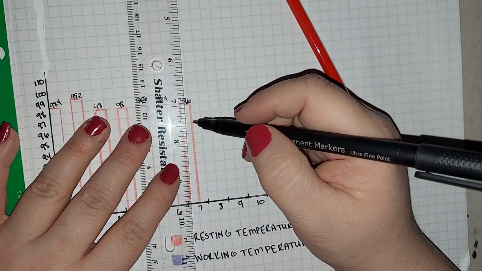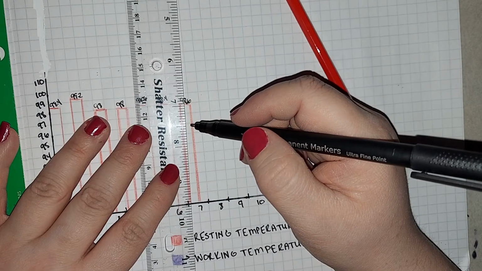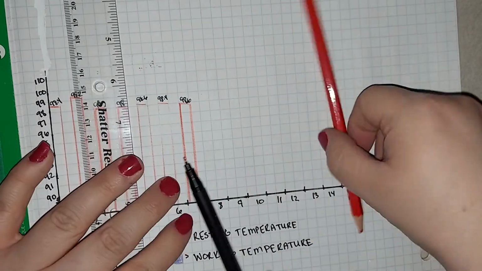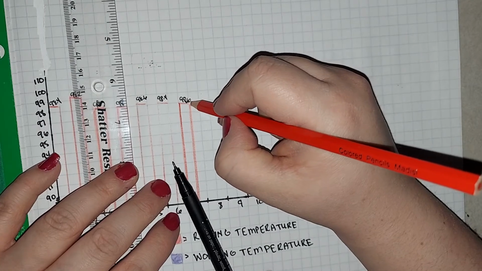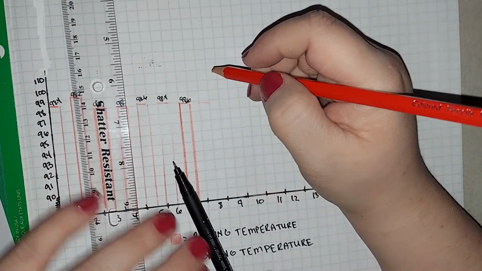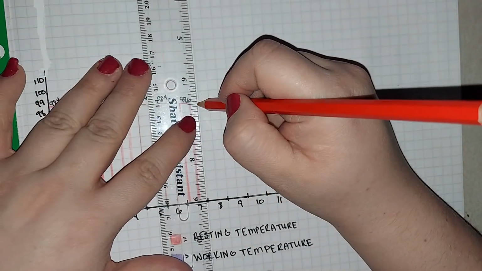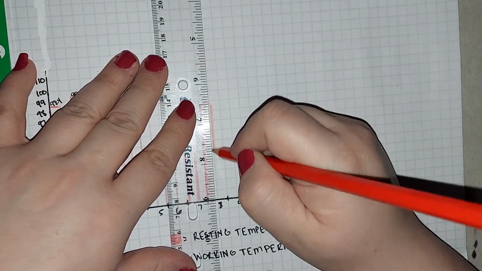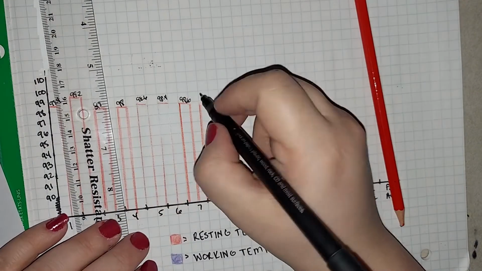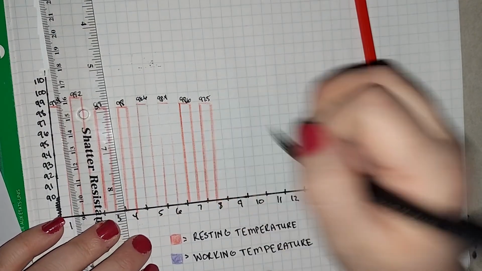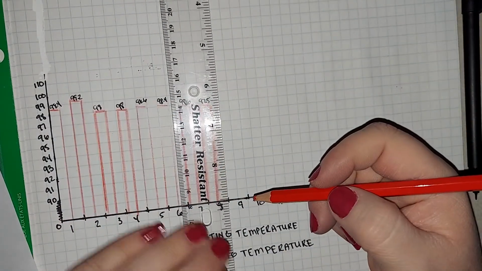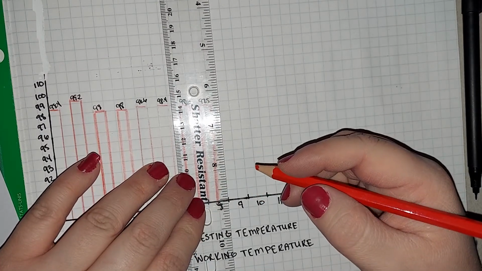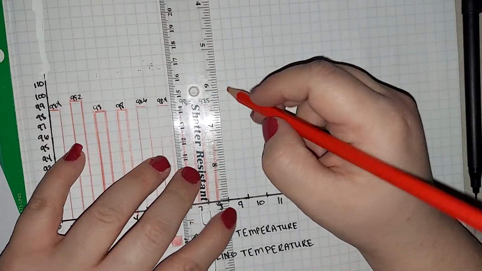So this other one's 97.5. Ninth one, 97.8.